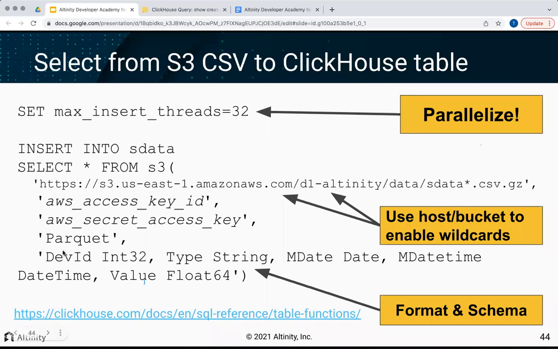For example, here in the file we have 1, 2, 3, 4, 5 columns. Maybe in the table we have only 4, or maybe we have 6 and we need to calculate an expression for the 6th column. We can do this in the select clause. The input function is also a table function.